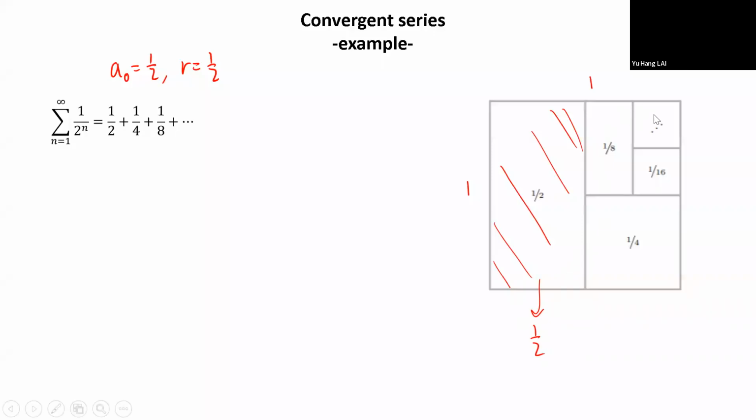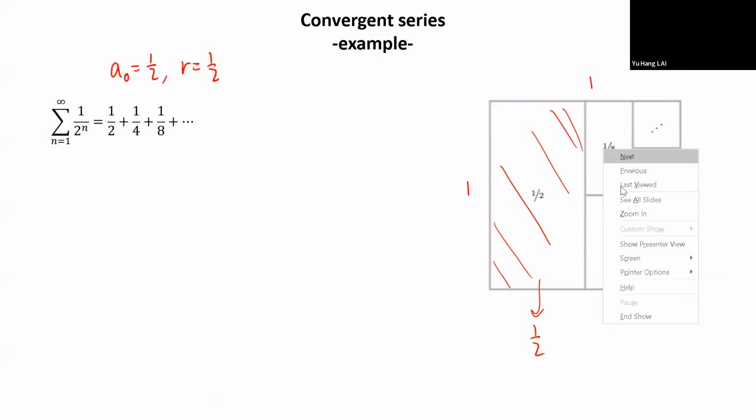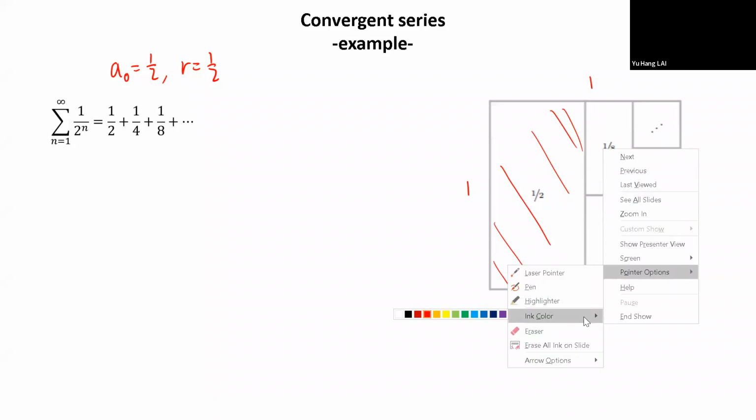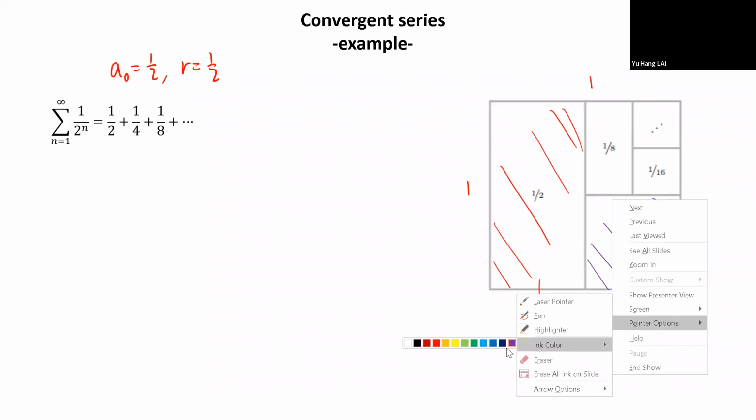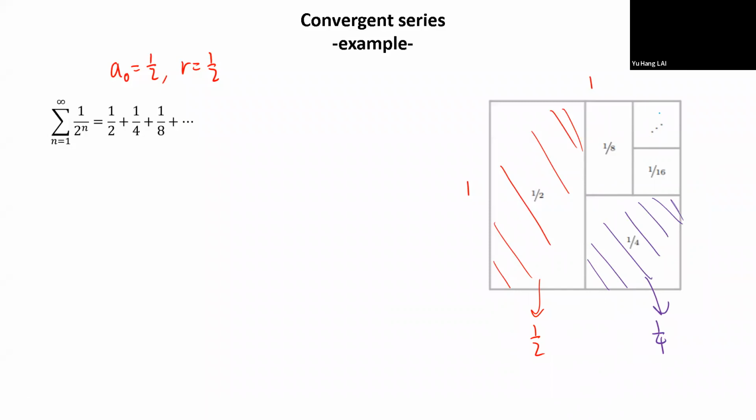This is your remaining part. For the remaining part, you again cut it into half and take half of it. Then the second time you get 1/4. And you are going to do it over and over again. The third time you cut this remaining small square into half again and take this half.